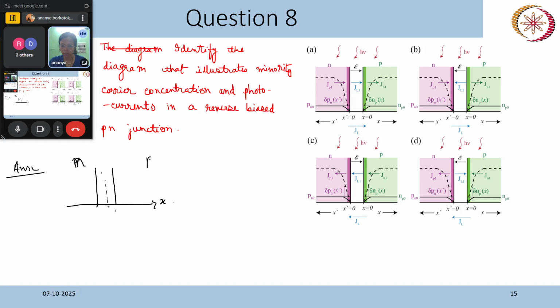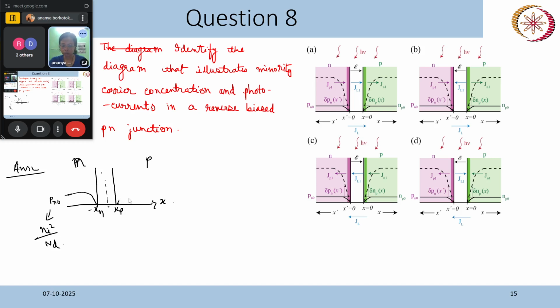This is the edge of the depletion region on the P side, Xp, and this is minus Xn of the depletion region on the N side. So the minority carrier concentration in the bulk, or in the quasi-neutral region away from the junction, on the N side, is Pn naught, the equilibrium concentration. So this is Ni square by Nd, right? And it goes to 0 here because of the electric field.